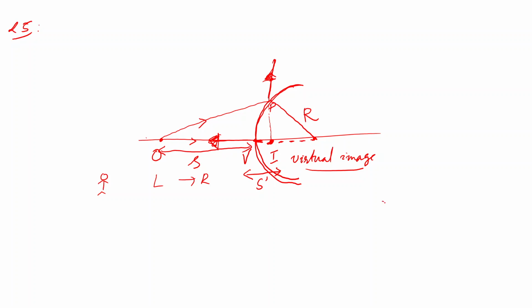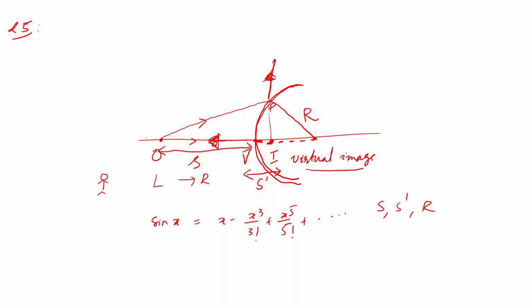Our goal is to establish a relationship between S, S prime, and R, and to do this we will use what is called the small angle approximation. For small angles, sine x can be expanded out as x minus x cubed by 3 factorial plus x to the power 5 by 5 factorial, and so on.